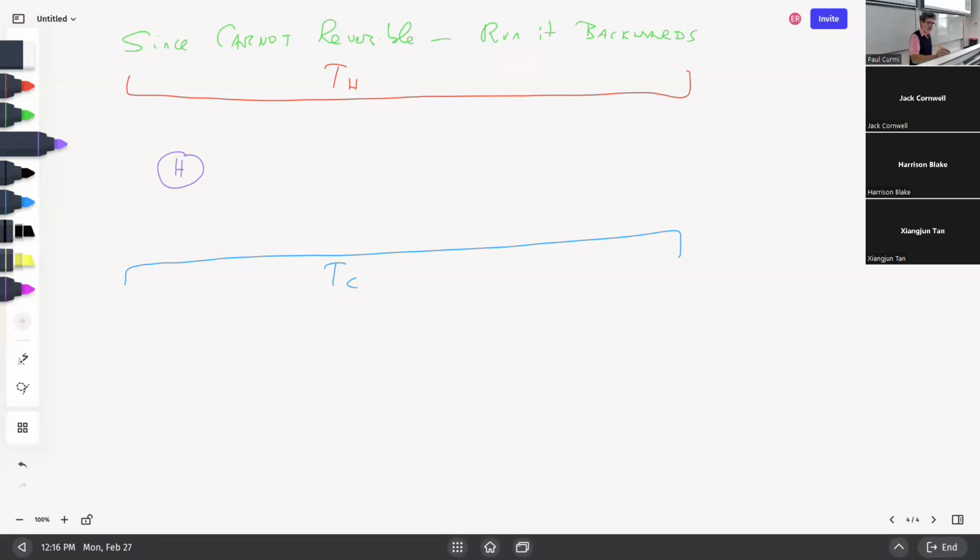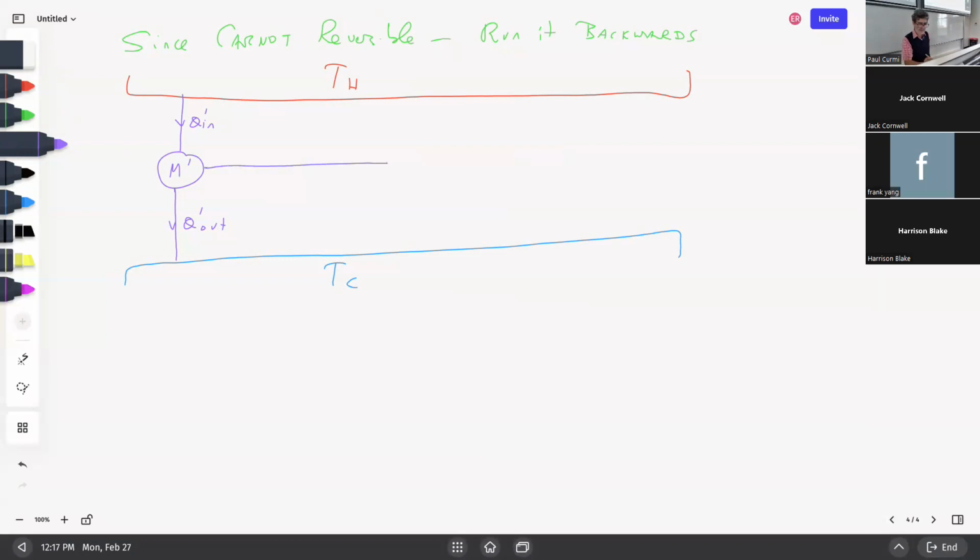And I'm going to have heat going down that way, Q dashed in. Heat going out, Q dashed out. Actually, it should be consistent. I realize I haven't been. Hypo is just motor dashed. Okay? And this spits out work.